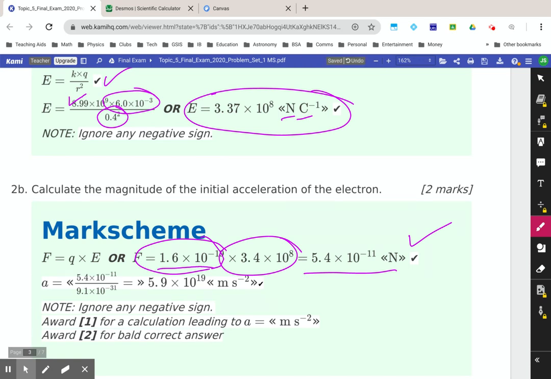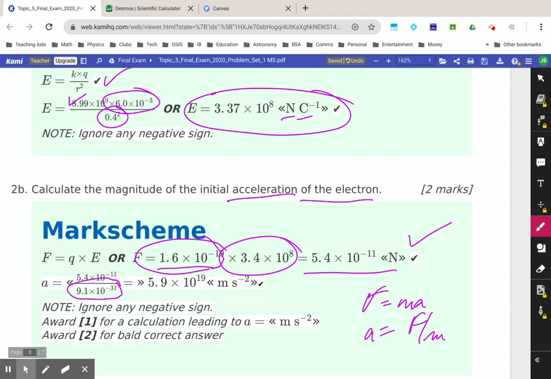And so this would be the force, though. We're not done. We don't want the force. We want the acceleration. So, of course, F is equal to ma. So a is going to be equal to the force divided by the mass. And the mass of an electron is something we can look up in our formula booklet, and it's 9.1 times 10 to the negative 31st.